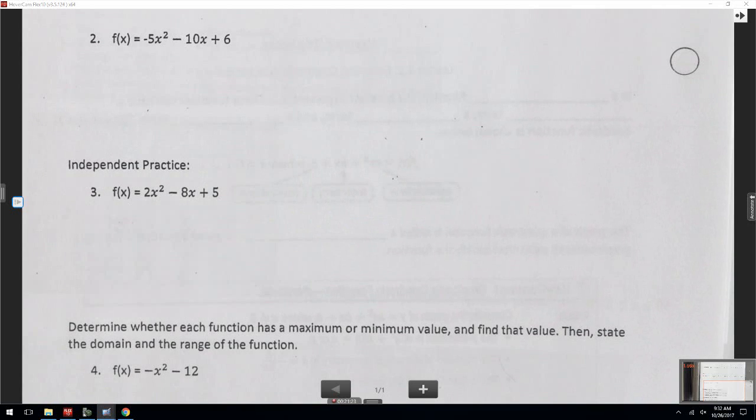Go back to the very first page, guys. What did the direction say for part B? We've already done all of part A. What did part B say to do? Make a table of values. So make a note right there on that one.